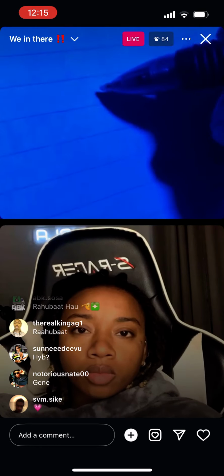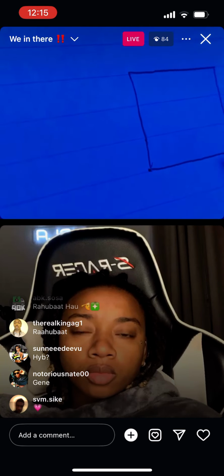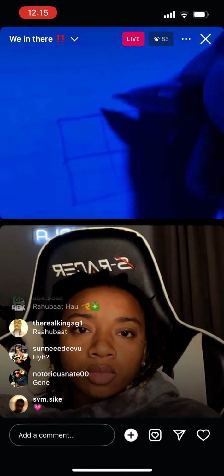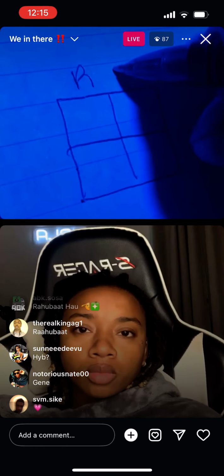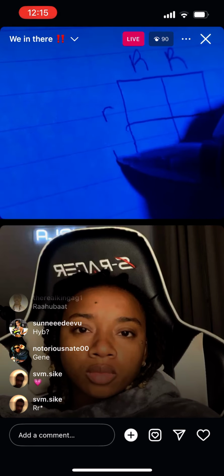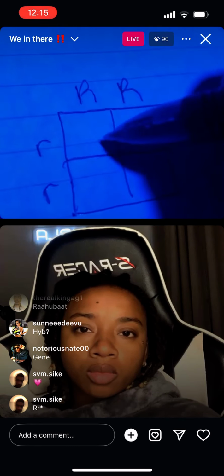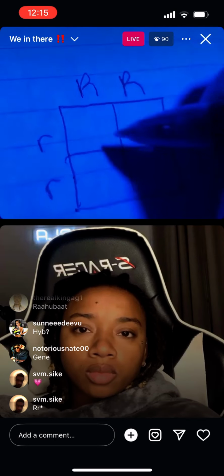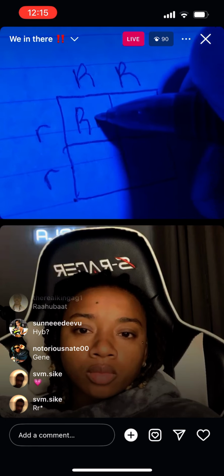I'm gonna do another square because that's kind of sloppy. So this is parent number one at the top. Let's give them dominant, and then this person is 100% recessive. So when these genes or alleles gather, what happens is R, r.